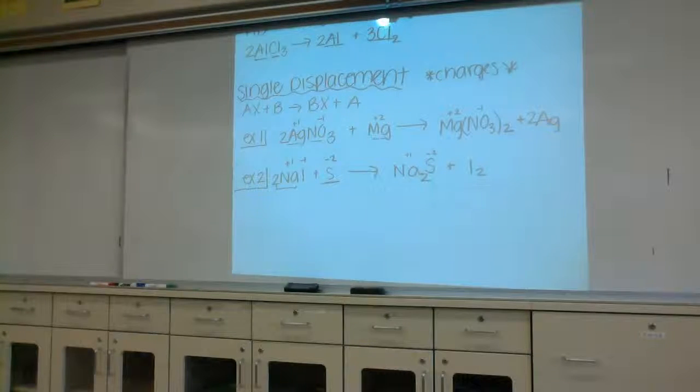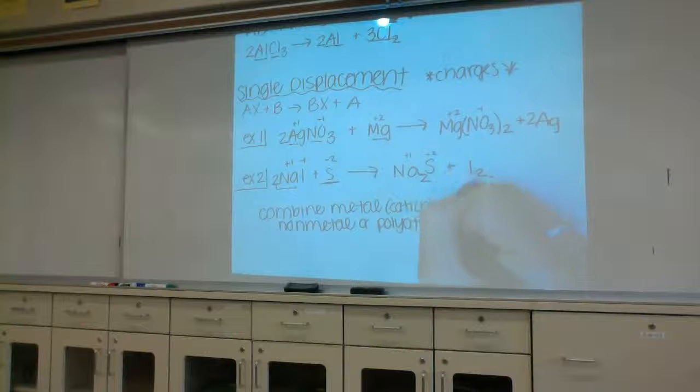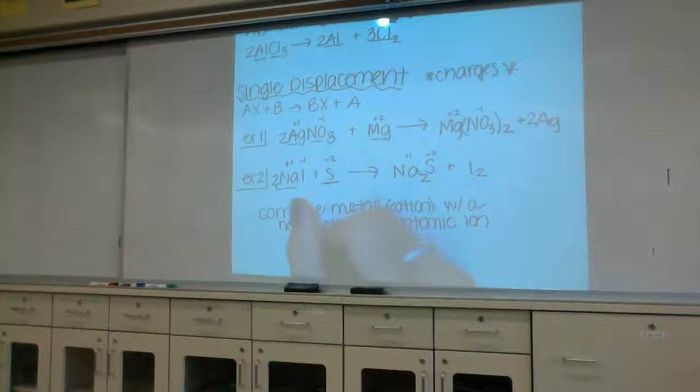You are looking at charges; that is the easiest way to combine. You want to combine a metal or a cation with a nonmetal or a polyatomic ion, and you want to do that with something that's negative, which is an anion.